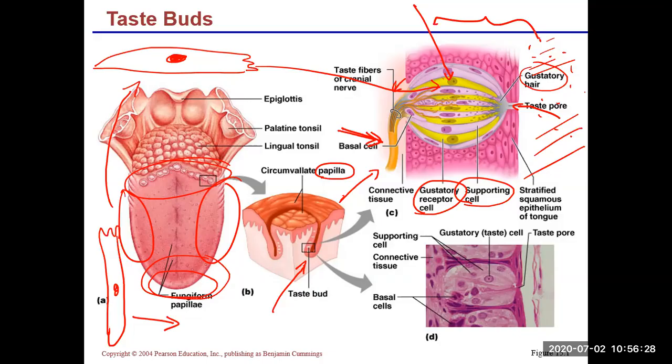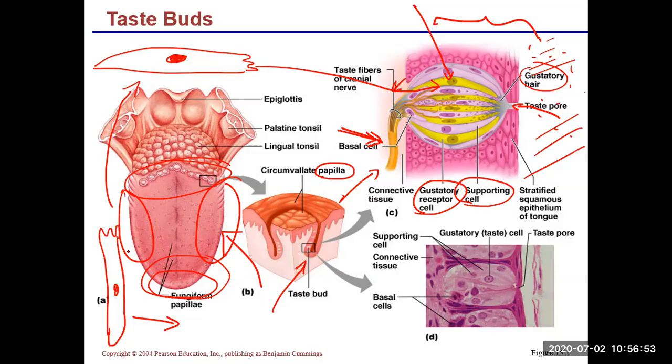So again, you could map these, and you will find that the location in which those chemicals or substances are placed on your tongue varies. And in some locations you could detect it right away. You put a drop of vinegar, for example, on the side of your tongue, you could probably tell right away versus the other one.